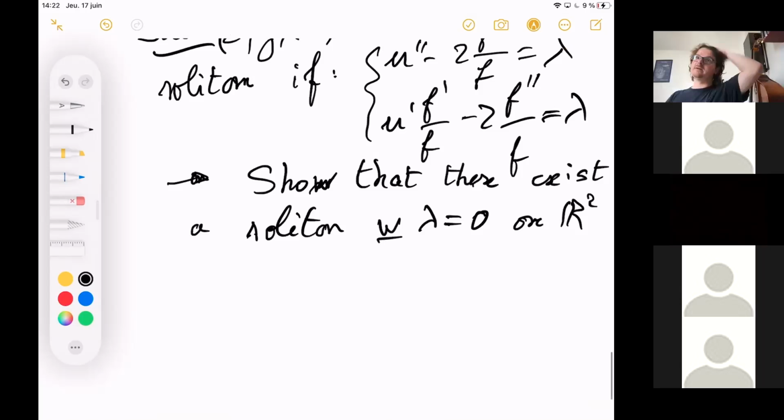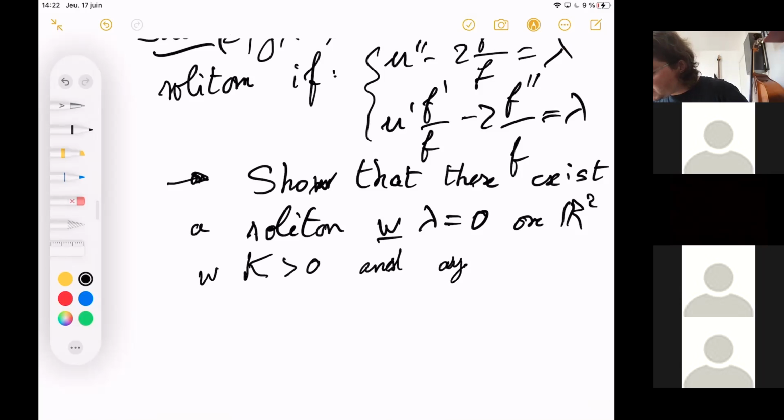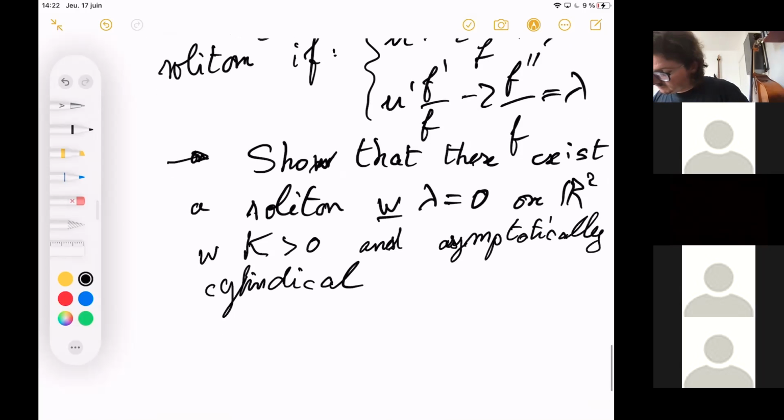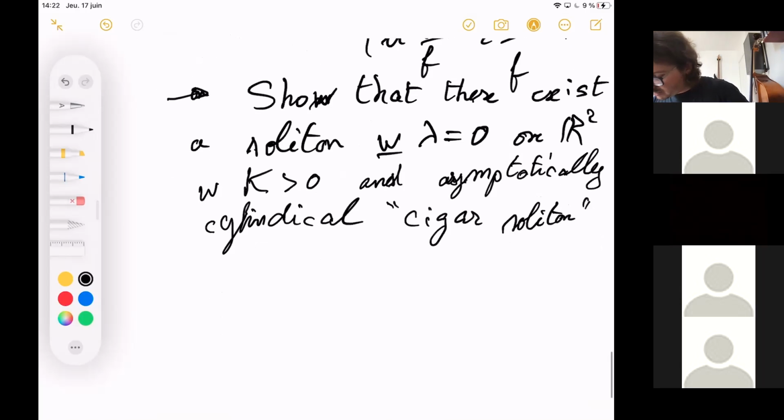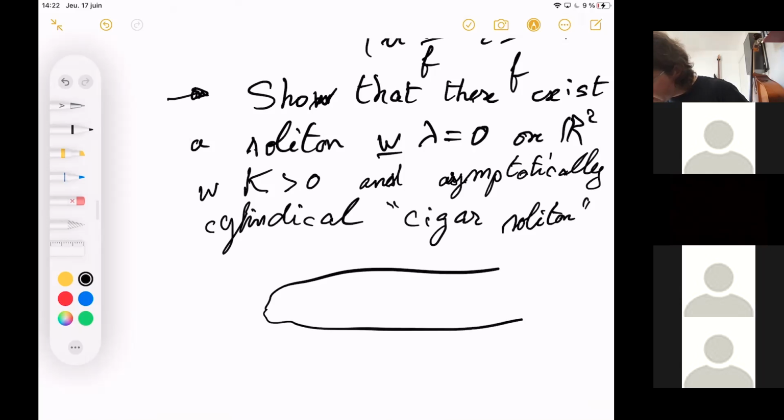You can take the flat metric, which is a soliton, but you have another one with positive curvature, which is asymptotically cylindrical. So this is called the cigar soliton. And you get that by, it looks like that more or less.